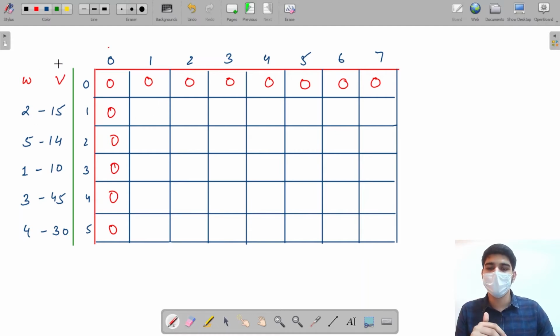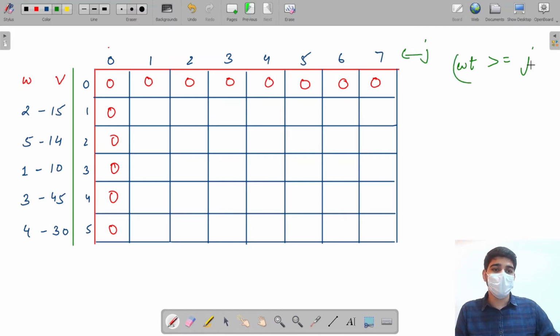Can I fill my first element when the bag's capacity is 1, given that the weight of the first item is 2? No, right? I can only fit an item inside the bag if the weight of the item is less than or equal to the current capacity of the bag, which is J. Let's suppose these columns are denoted with J, right?